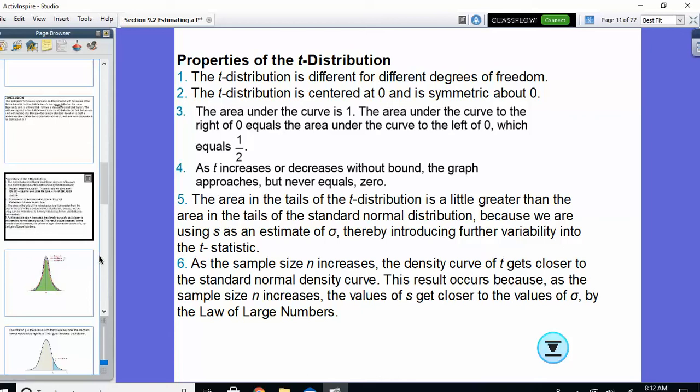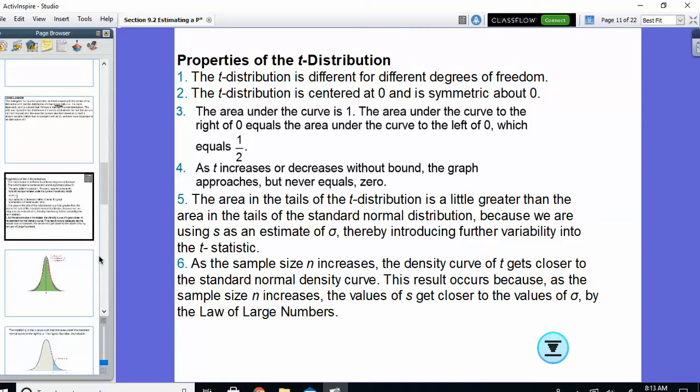So you'll notice it has the top, these are like your probabilities, but down the side it has degrees of freedom. That degree of freedom is going to be based off your sample size. So it's always one less than your sample size. So we'll have to look at our degrees of freedom. Just like the normal distribution though, it's centered at 0 and it's symmetric on both sides. The total area under the curve, it's probability, so it's 1, half on each side.